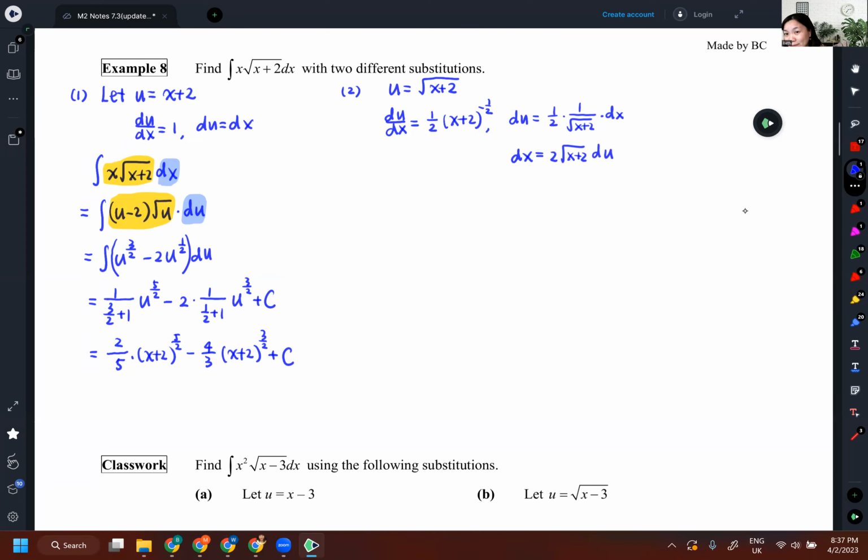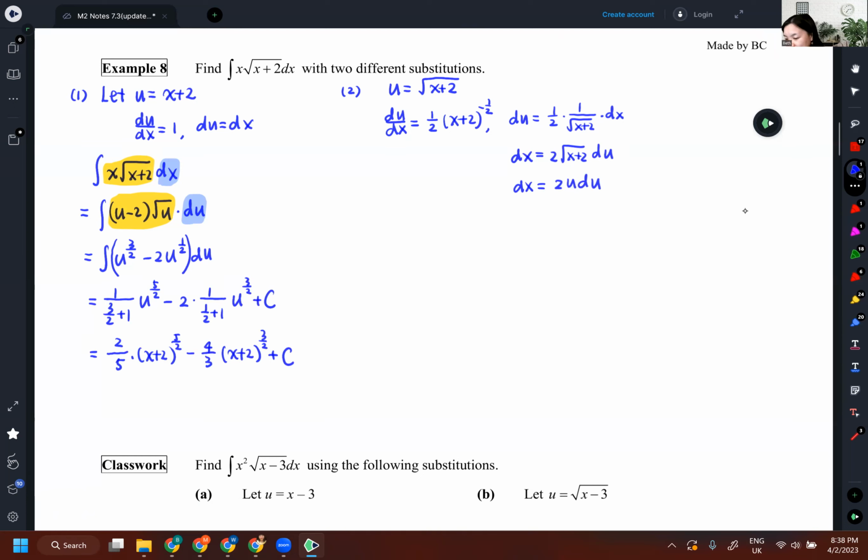I will do dx equal 2u du instead. Now here, because I have x, I will change the x back to u again. And that will work. Now you must know I'm still trying to get rid of x, and the difficult part is dx.